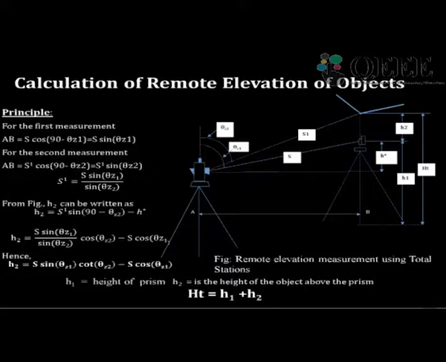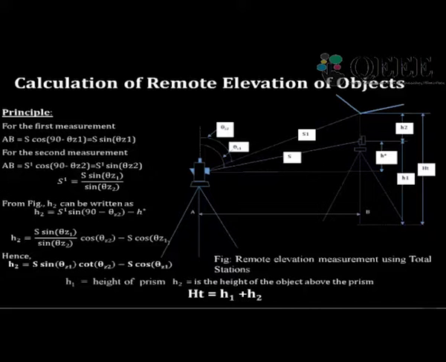Based on this figure, we can also write H2 as follows: S dash into sine of 90 minus theta Z2 minus H star. So H2 can be easily calculated. I think you can refer to my lecture handnotes where I have given these formulas. So you can calculate H2 also. Once you know H2, and H1 is already known.